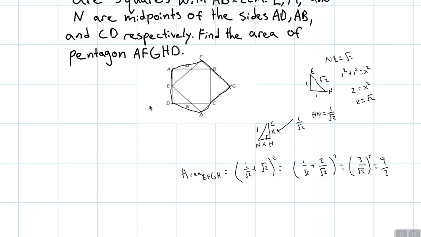Next, I want to look at these triangles here. This is another component of the area of the pentagon. These triangles have a base of 1 and a height of 1. So the area of those triangles is 1 times 1 over 2, which is 1/2.